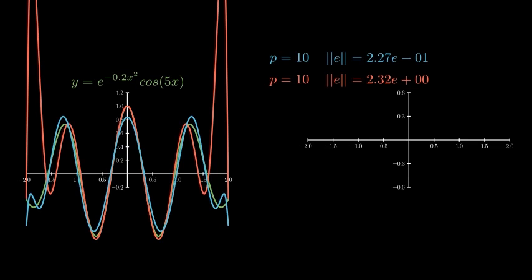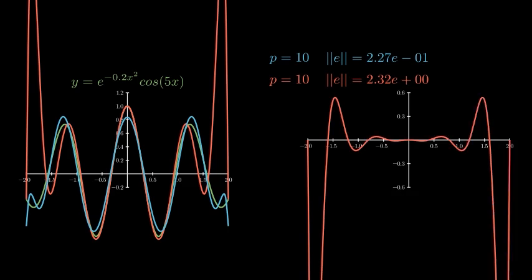Again, plotting the error profile, we'll see that the error distribution is not uniform in interpolation kind of fits. But when we are doing a projection based fit, we have a very uniform distribution of error throughout the domain. So why does this projection method work better than the interpolation fit?